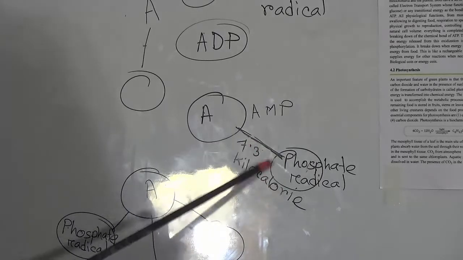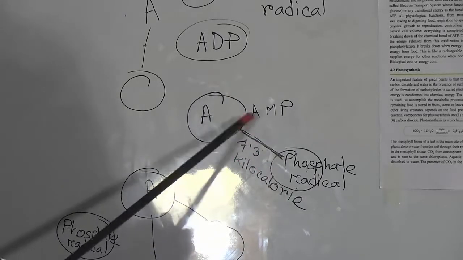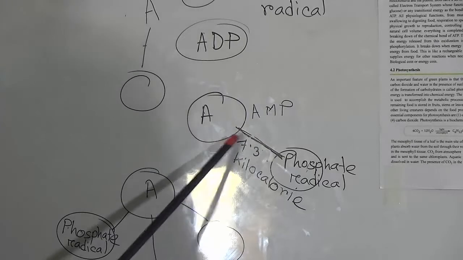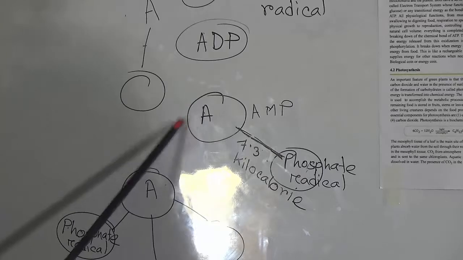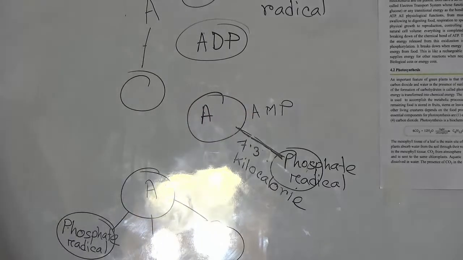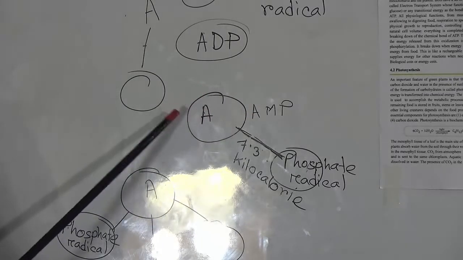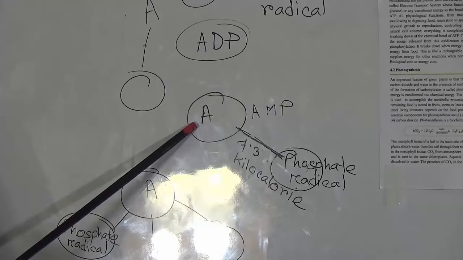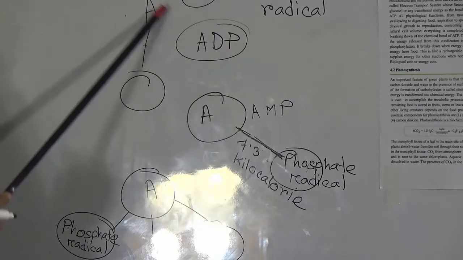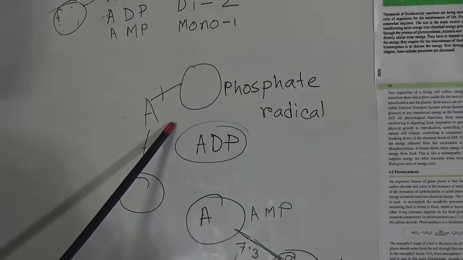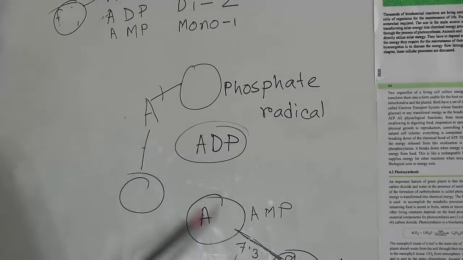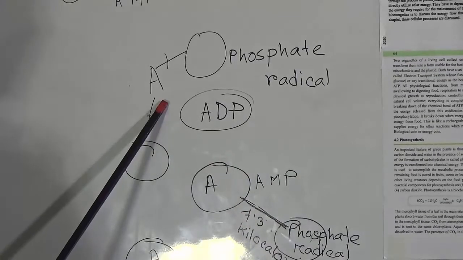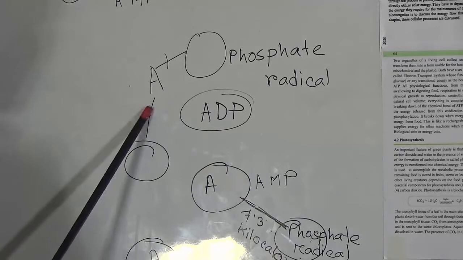When this bond breaks down, it will release 7.3 kilocalories of energy. That means when adenosine monophosphate turns to adenosine diphosphate, we have to give 7.3 kilocalories.